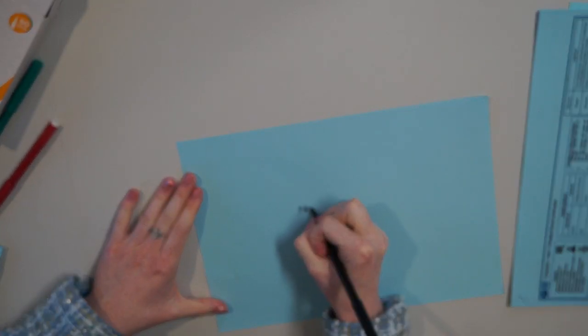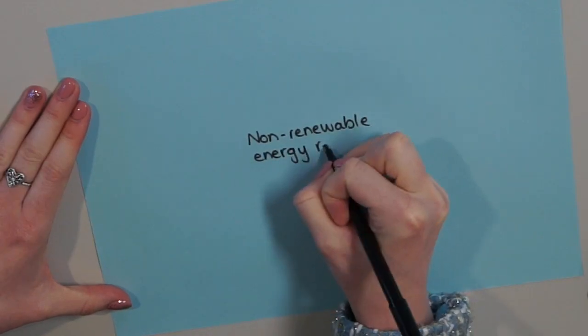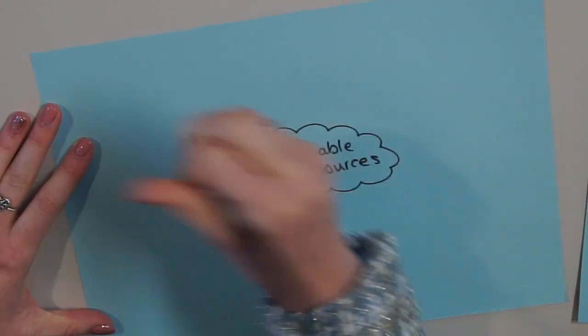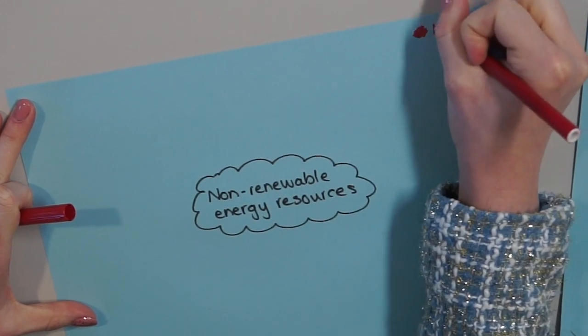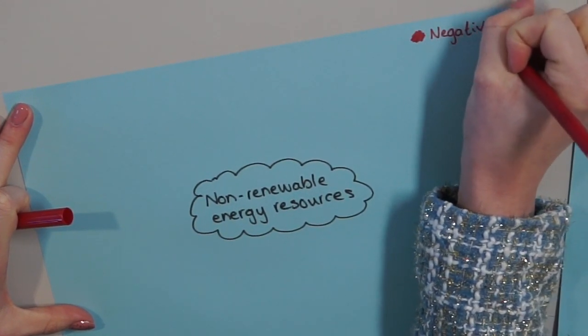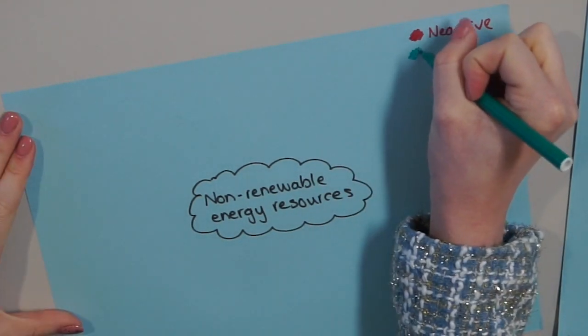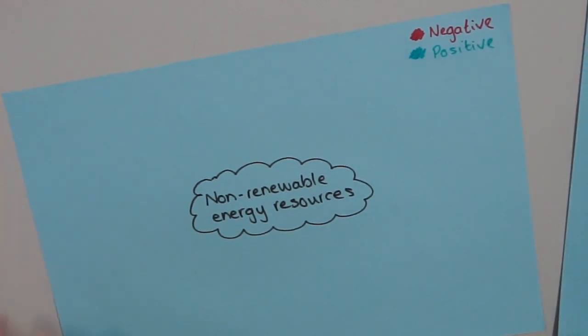So I'm going to do a mind map on non-renewable energy resources. So I write this in the middle of my mind map. Then I'm going to colour code it. So anything I write that is red is going to be a negative. Anything I write that is green is going to be a positive, and this is going to help my evaluation.